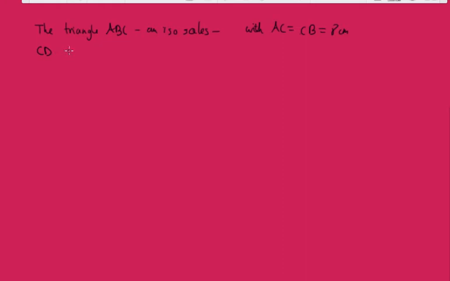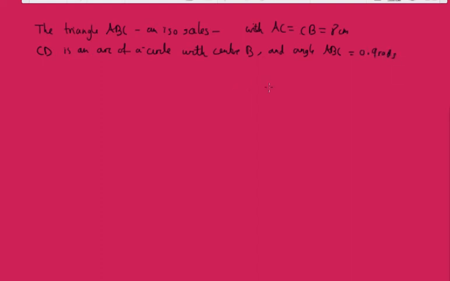Now CD is an arc of a circle with centre B and angle ABC is equal to 0.9 radians.